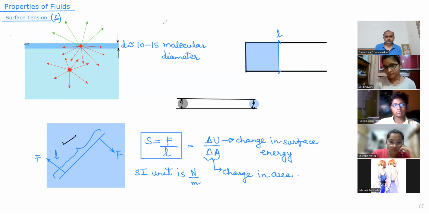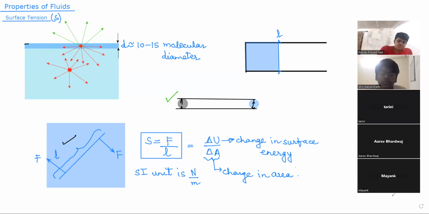Now, I was talking about this diagram. All of you understood this diagram? Did you understand, beta, or not? Sir, can you hear me? I'm Jahnavi, sir. Yes Jahnavi, I can hear you.